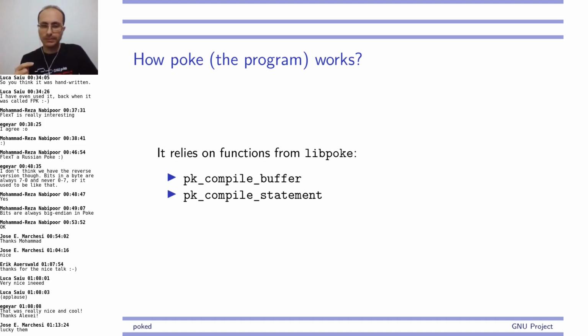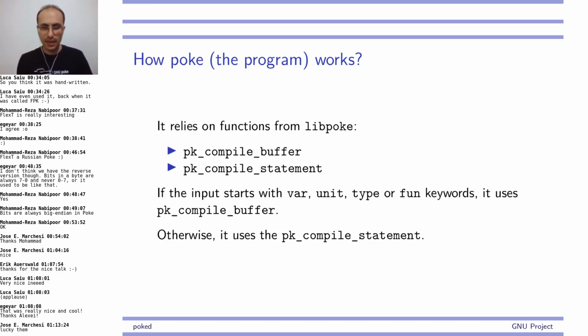The other one is pk_compile_statement, which, as the name suggests, cannot take any code. It should be a statement: if statements, while statements, expressions, and things like that. For example, you cannot declare a variable. Declaration is not a statement.